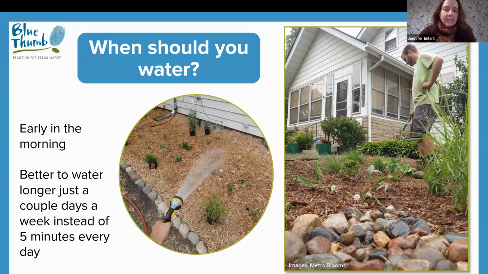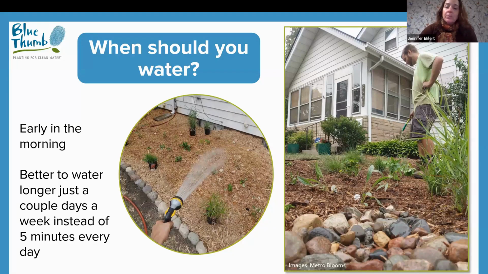The reason is if you stand there with a hose for 5 minutes every day, you're only wetting the top inch of soil. And then those plants are never incentivized to send their roots deeper into the soil to look after moisture. We want them to do that so that 2 years from now, they're more resilient to drought and they're reaching water deeper in the soil profile. So what you can do is sort of train them.